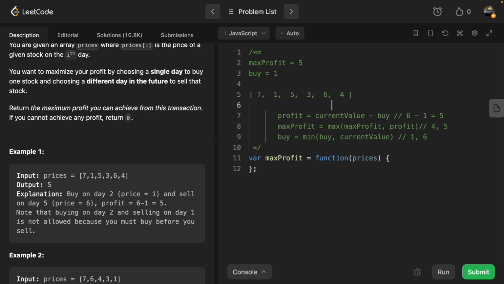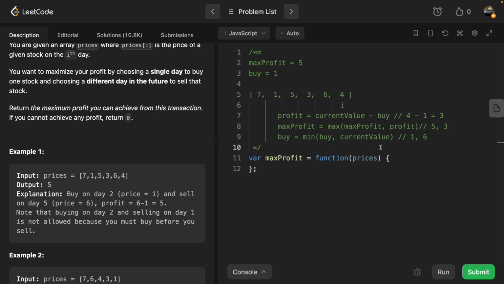Now let's move to the last element, 4. The current value is 4 and the previous buy is 1, so 4 minus 1 is 3, and we update our max profit. The max profit is 5 and the current profit is 3. So 5 and 3, the answer is still 5 for the max profit.